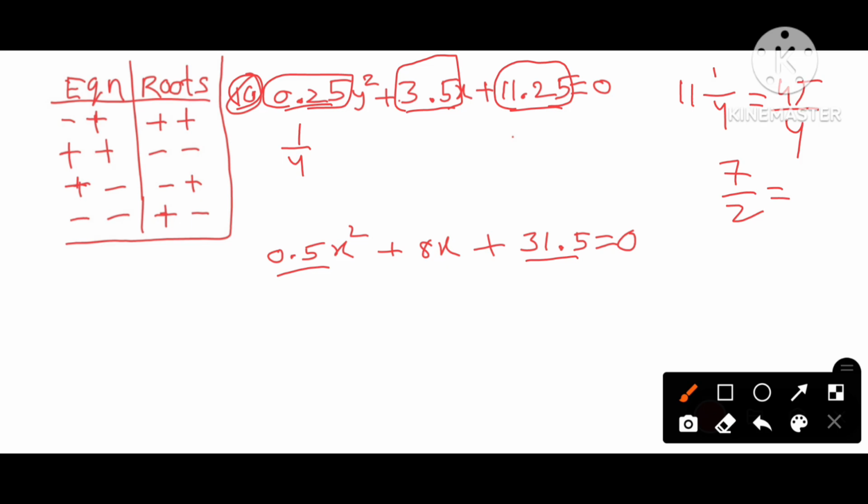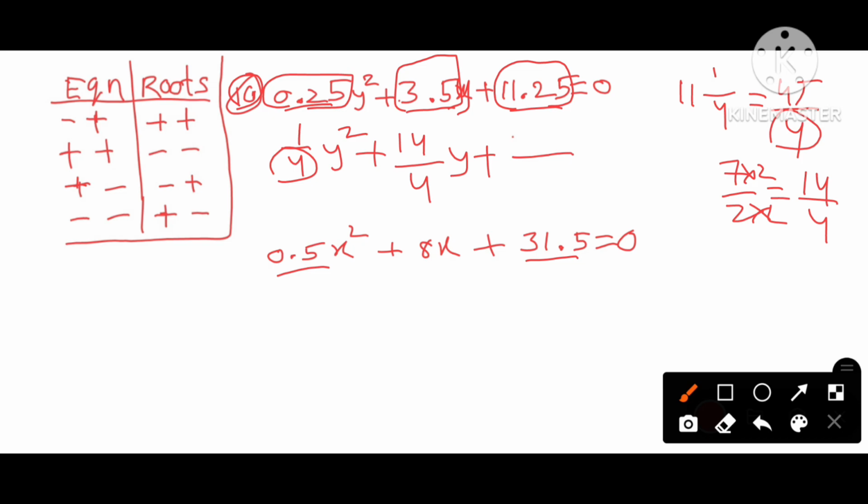So instead of 7 by 2, let's take the base as 4. Here also the base is 4. Let's convert the base to 4, meaning we multiply the numerator by 2. So we get 14 divided by 4. So the equation we get here is 1/4 y square plus 14 divided by 4 y plus 45 divided by 4 equals 0.